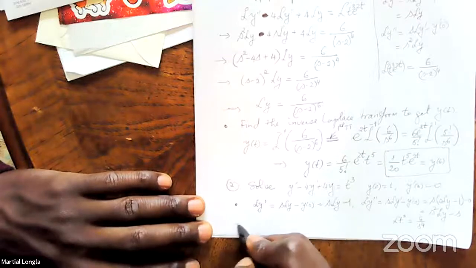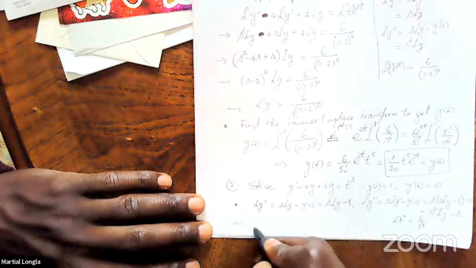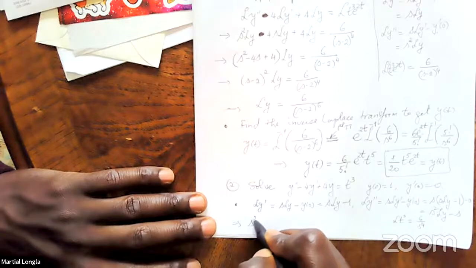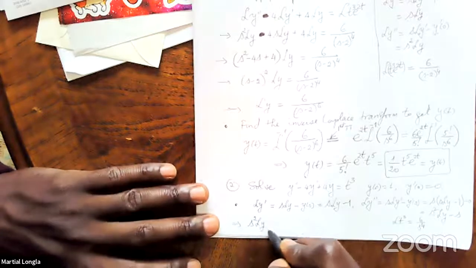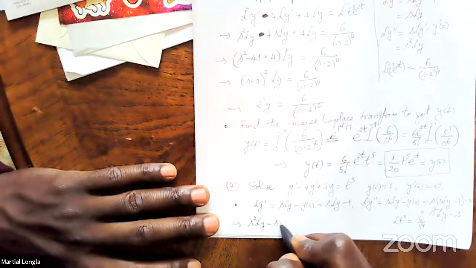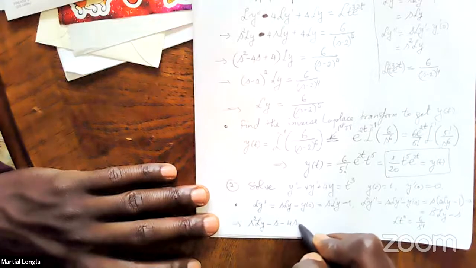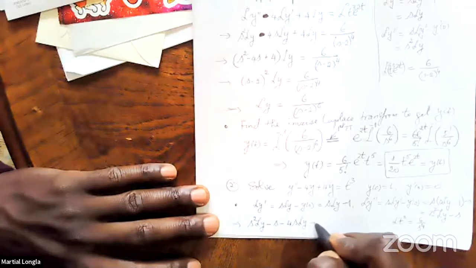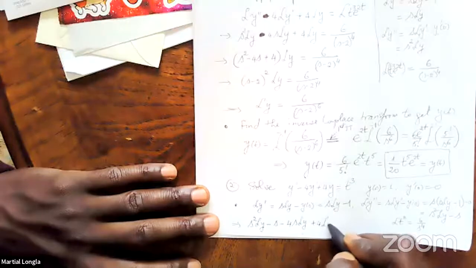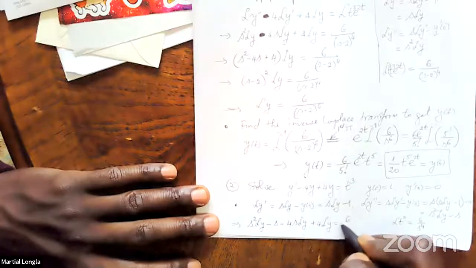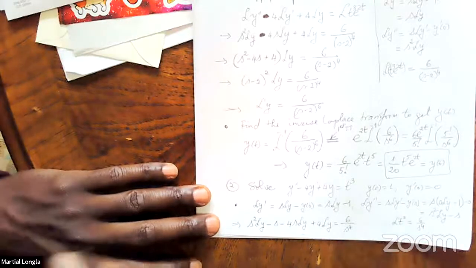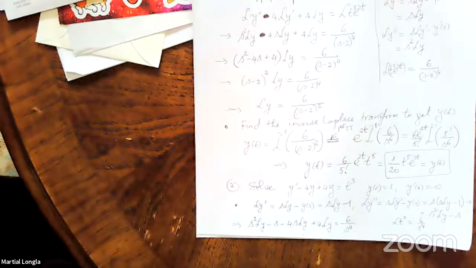That's it. And now when you put those in the equation, that's s squared Laplace transform of y minus s, minus 4s Laplace transform of y plus 4 Laplace transform of y equals 6 over s to the 4th. That's the first step.